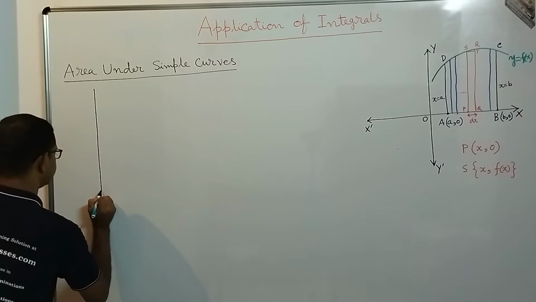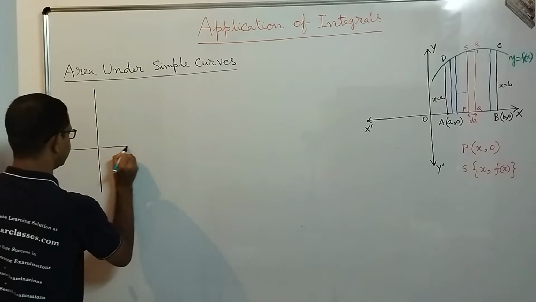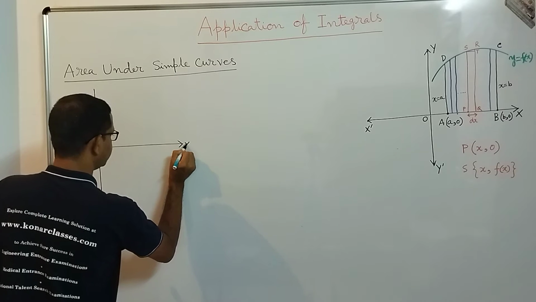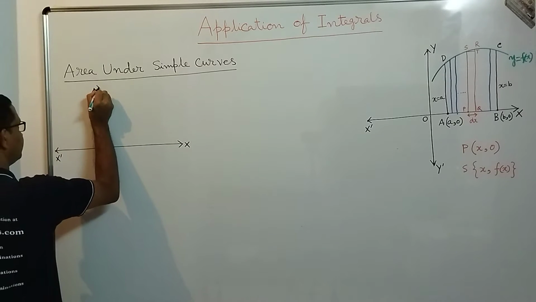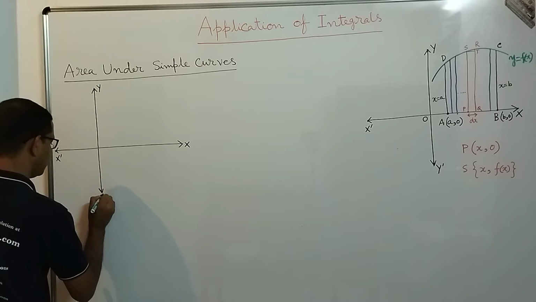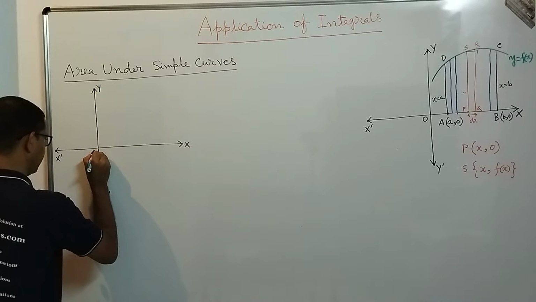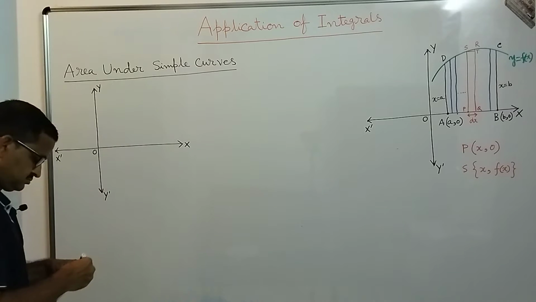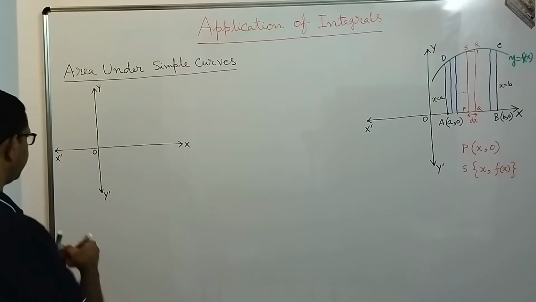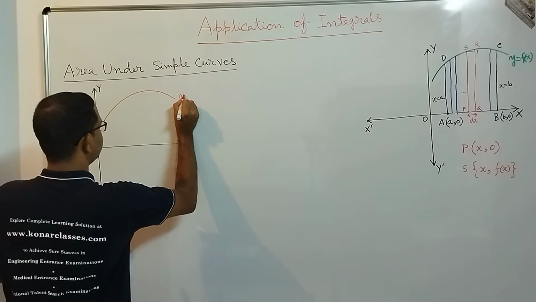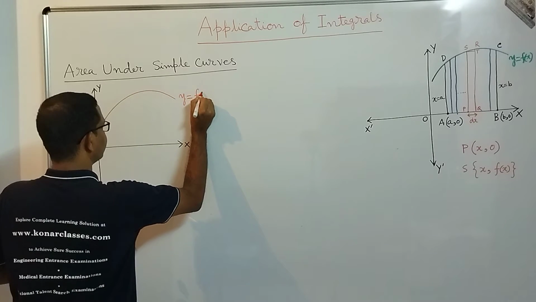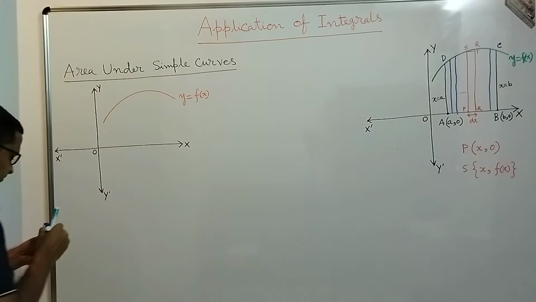Suppose this is the y-axis, this is the x-axis, with the positive and negative directions of the x-axis, the positive and negative directions of the y-axis, and this is the origin. And you have a curve something like this. What is the equation of the curve? y equal to f(x).